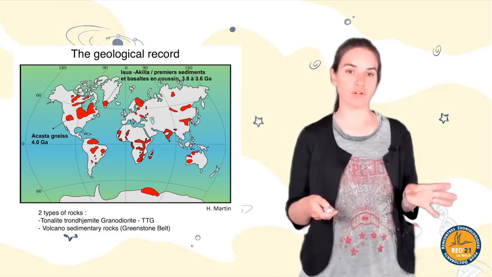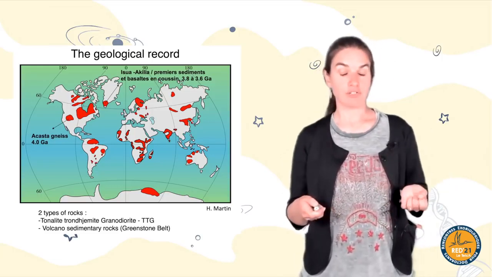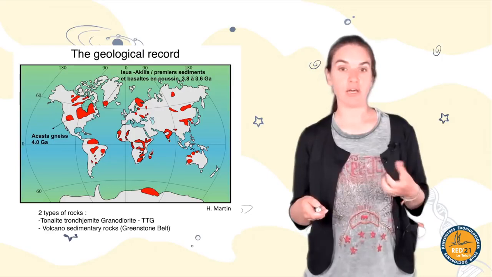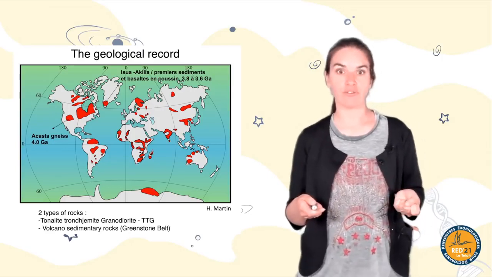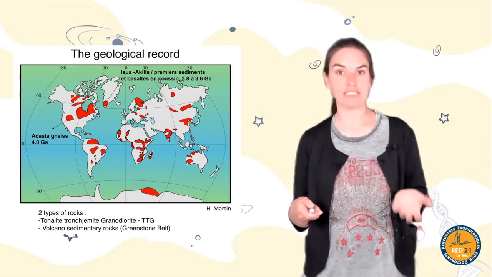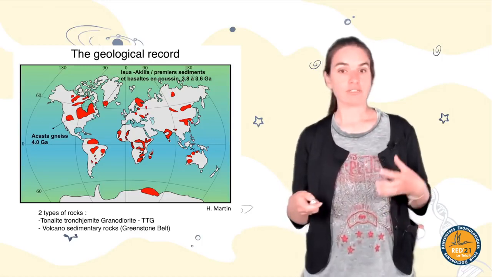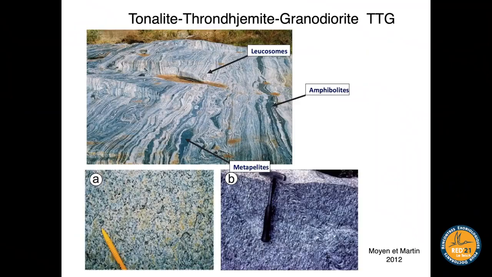There are two types of rocks from the Archean that are very emblematic. First is what we call the tonalite-trondhjemite-granodiorite, or TTG. These rocks are like granite with a lot of silica, but it's Archean granite, and it's really different from what we have now.